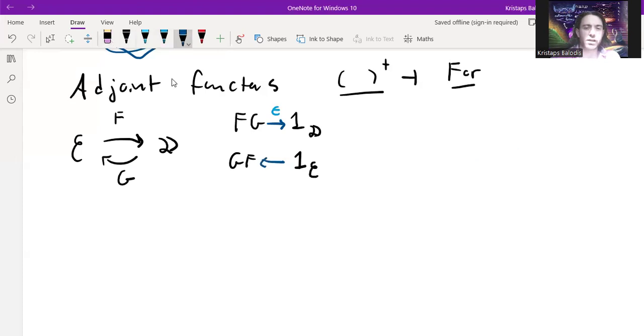And I'm going to call this eta. And so maybe we have natural transformations, but those natural transformations aren't even isomorphisms, but they're still going to satisfy some other sort of nice kind of property. So by the way, eta is called the unit. Epsilon is called a co-unit.